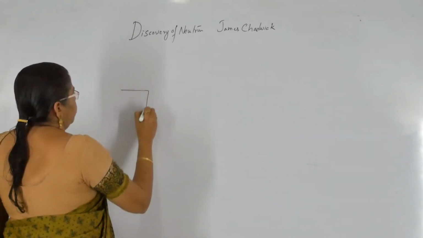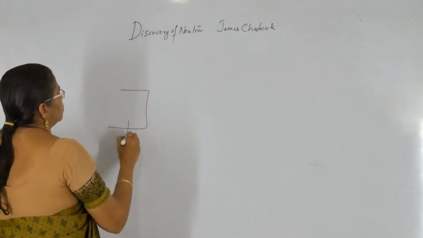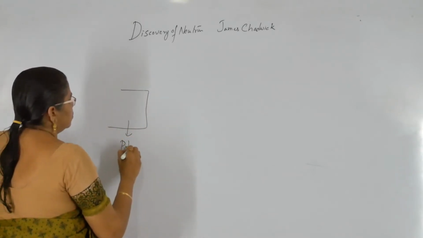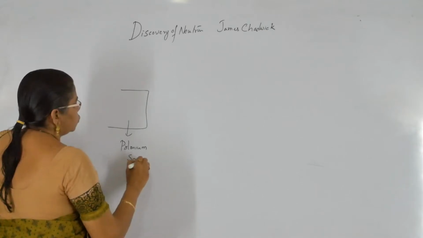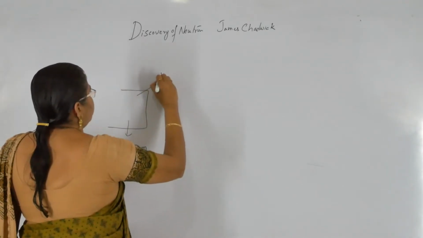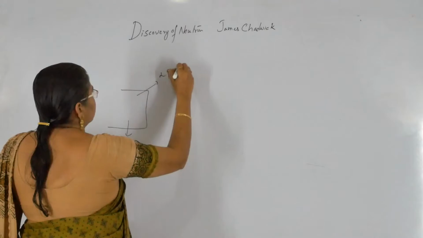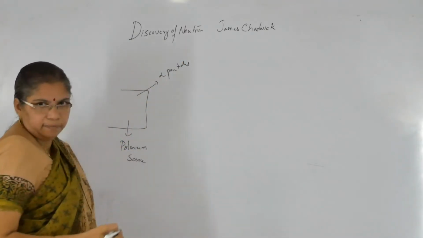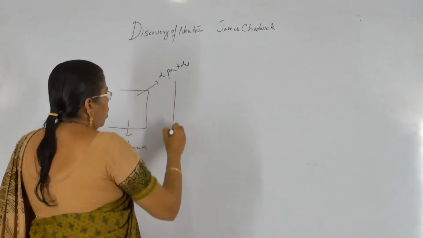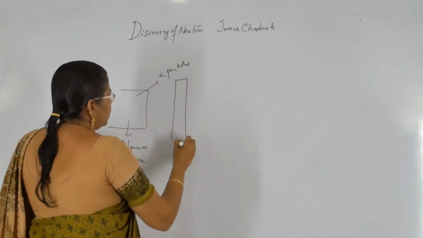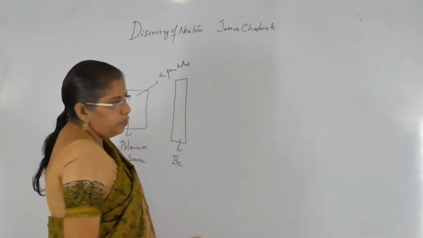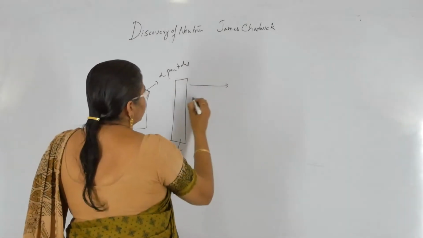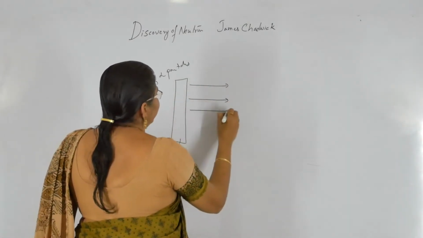A polonium source gives rise to alpha particles. Then it is allowed to fall on a substance like beryllium. This gives rise to uncharged radiation.